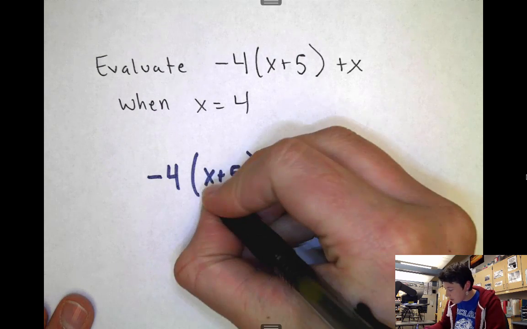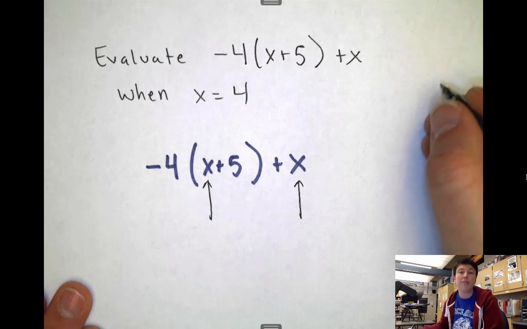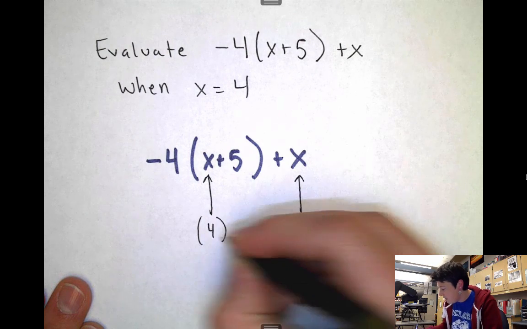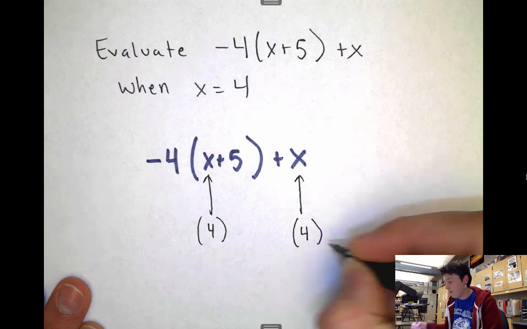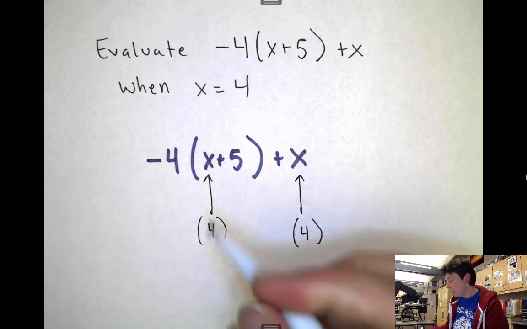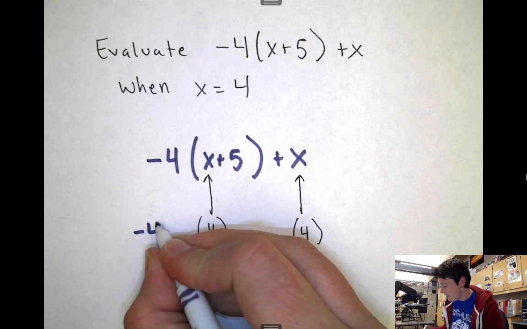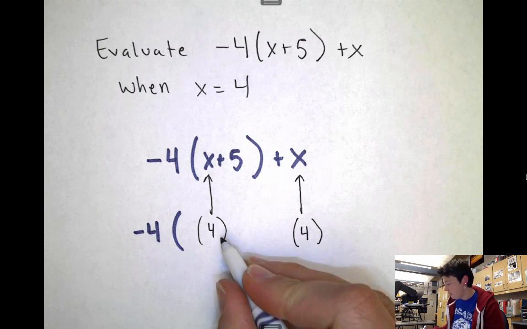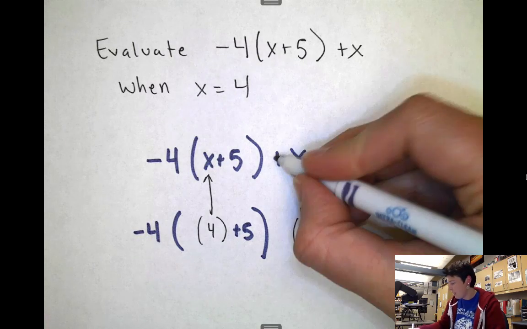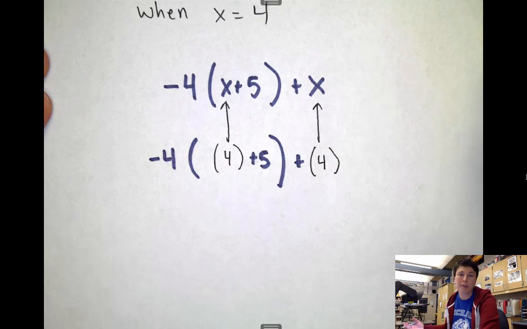So this x right here and this x right here need to be replaced with a 4. I need to put a blank spot with a 4 there and a blank spot with a 4 there. But the rest of the problem I'm going to copy over. So it was negative 4 parentheses x plus 5. Now it's negative 4 parentheses 4 plus 5. And then plus x is now plus 4. So it looks like this. A little messy, but that's what it's going to look like.